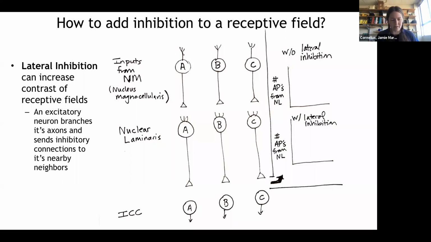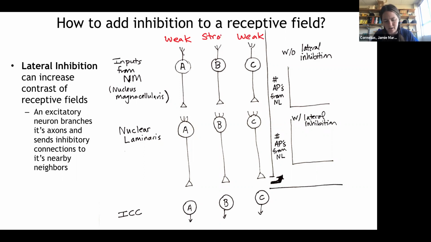So I'm going to start by demonstrating what happens without lateral inhibition. We're going to say that neuron A is weakly excited by an incoming interaural timing difference. So it's close, but it's not perfect. And same with C, but in the middle you have a perfect match.